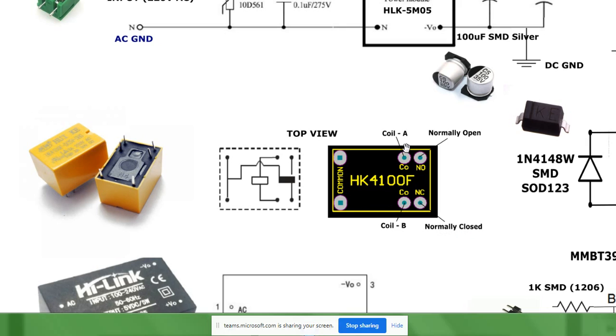And when you are going to energize this coil, I have named the one end of the coil as coil dash A, the other end of the coil as coil dash B. This does not mean that there are two coils. This is actually just the end of the coil, because this is going to be energized by DC over there. So this is going to be energized over there, and when you are going to energize this contact which is normally closed, this common point will be connected to normally open. This is very important over there.